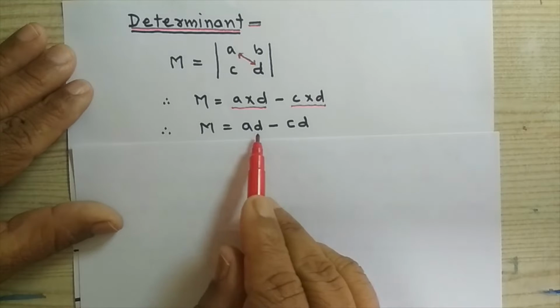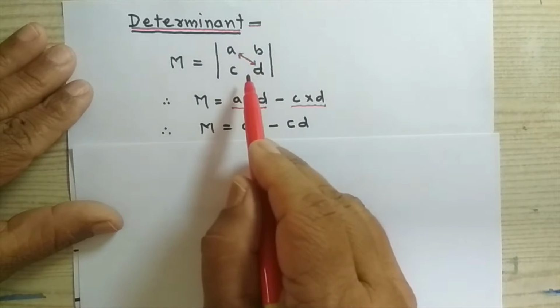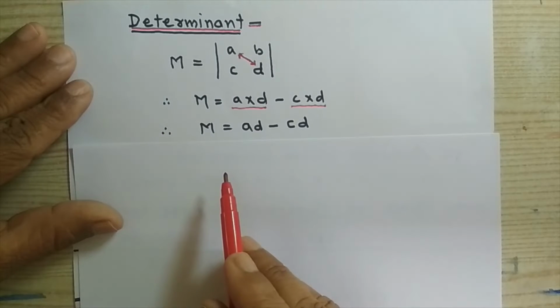M is equal to AD minus CB. If we know the values of A, B, C, D, we can easily calculate the value of that determinant.